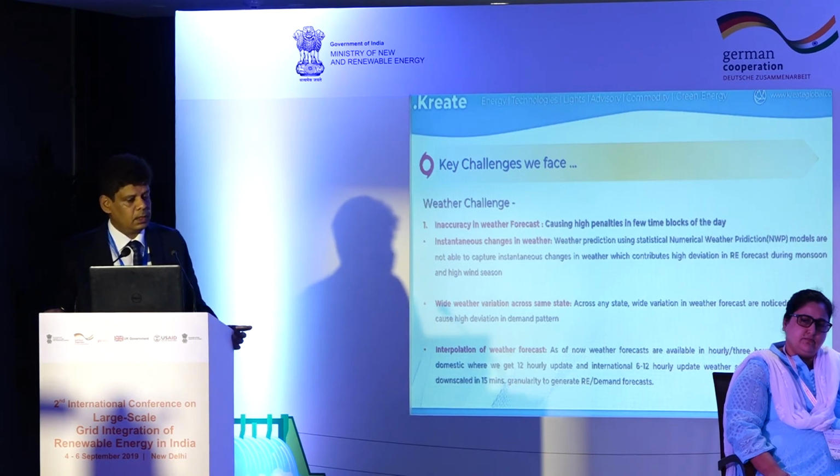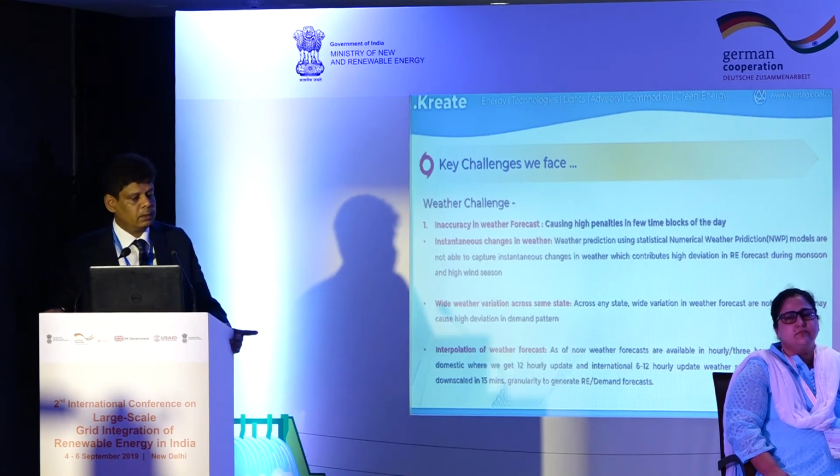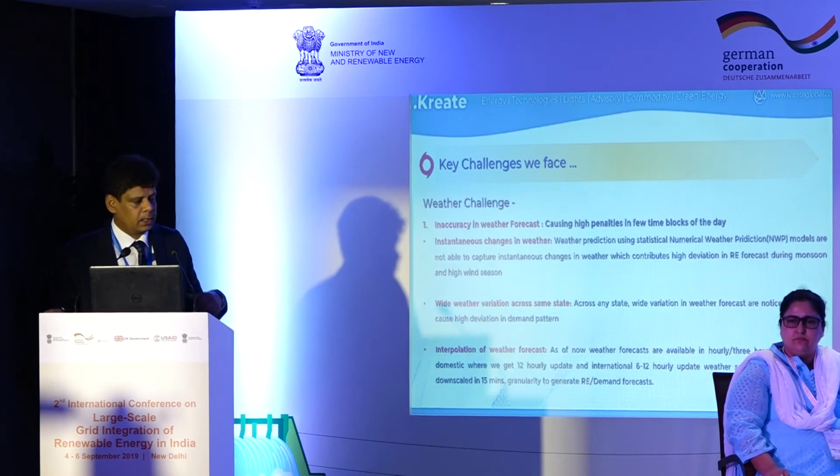Mind you, even in a particular month, for the month of August, for example, for one particular plant which we are forecasting, 2 or 3 blocks created the maximum errors. So 2-3 blocks of 15 minutes can just kill all the good results which you have achieved over the month.